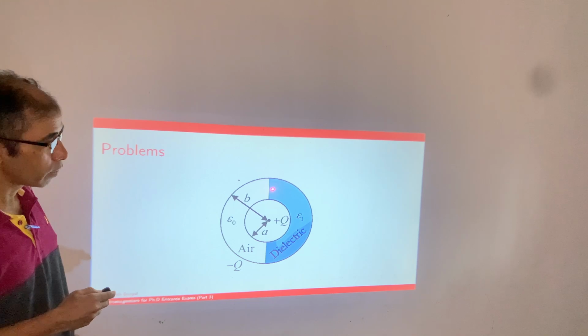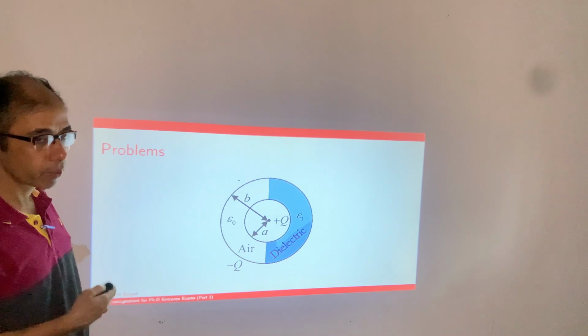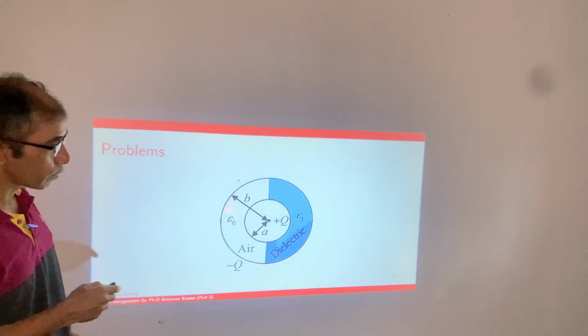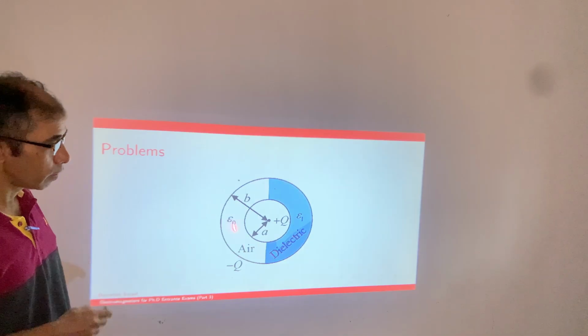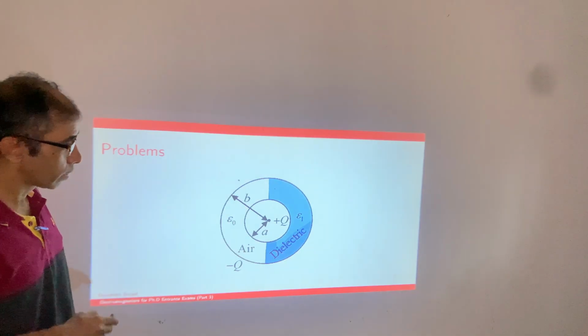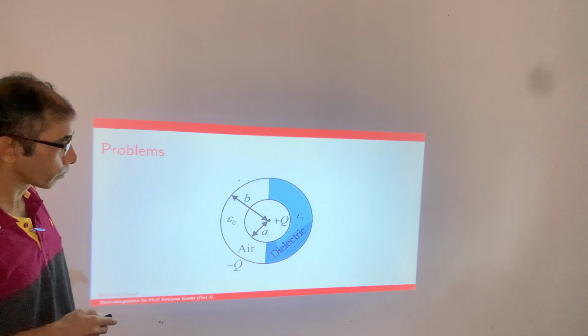So the electric field here and the electric field here, just across the boundary, will be the same. And from the symmetry of the problem, you can say that the electric field will be the same everywhere.